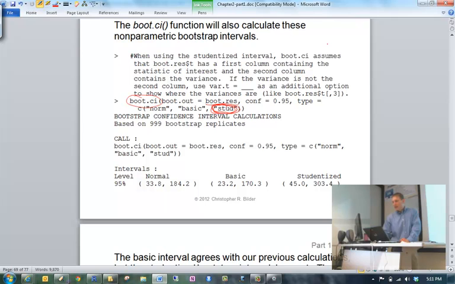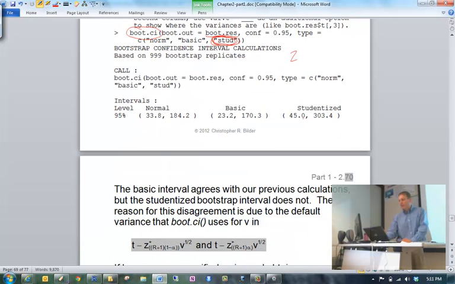Well, let me use what you could call pseudocode. When it calculates Z star, it would calculate it this way: boot.res$t[,1], as you would expect, minus boot.res$t0[1].